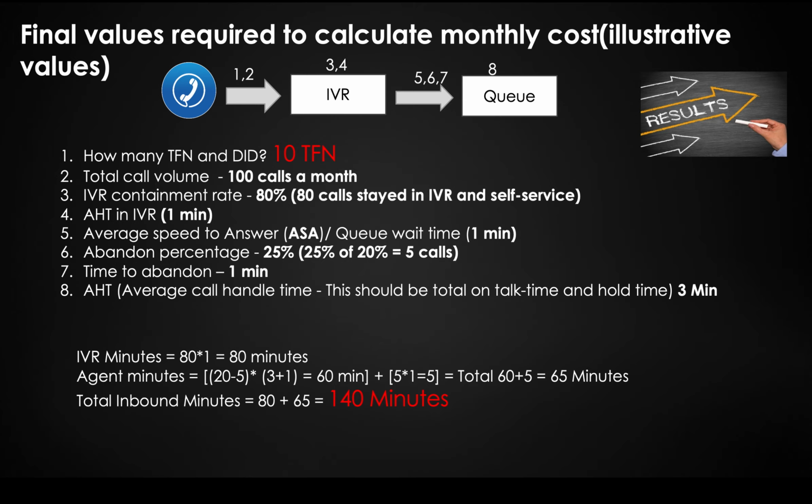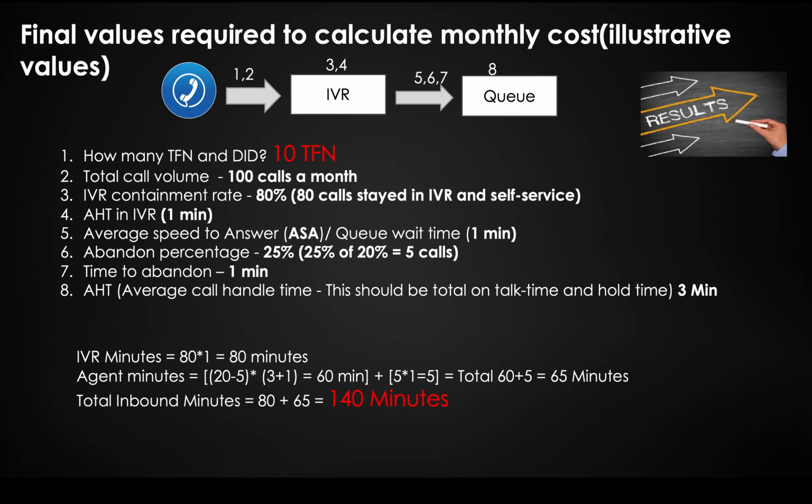But here you would see why I did a separate calculation for IVR and why I did a separate calculation for agent, because for agent you need to factor the average speed to answer, the abandon percentage, the time to abandon, and average handle time. Whereas for IVR, it's pretty straightforward, because once you know the containment rate and the average handle time within IVR, it's easy to calculate how many IVR minutes there are.